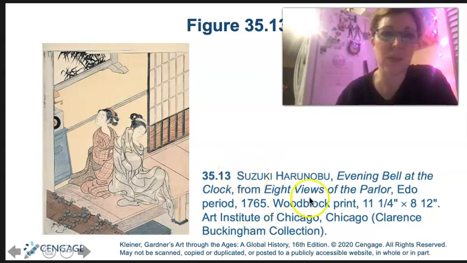Okay, this is Suzuki Haranobu, Evening Bell at the Clock. This is from Eight Views of the Parlor. And it's a woodblock print, but it's a series. The artist who designed the print series entitled Eight Views of the Parlor is Suzuki Haranobu.